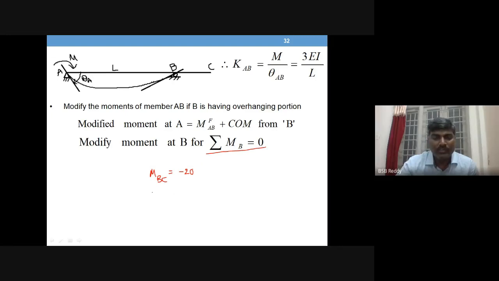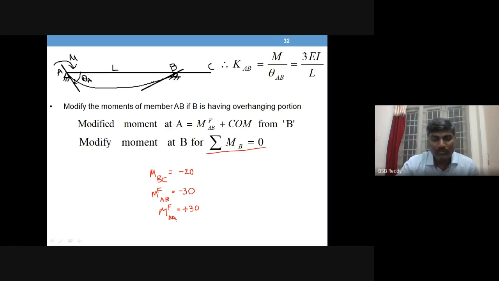From the fixed moments of span AB, you will have some MFAB value, say, for example, minus 30, and MFBA value plus 30. I'm just taking some random values.